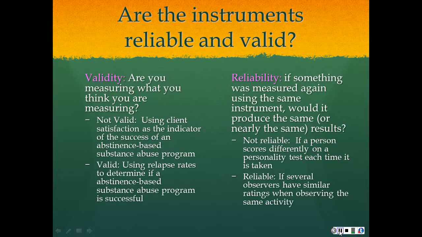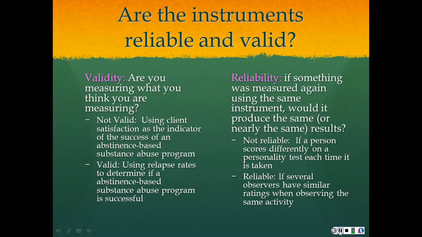And then if you're going to be developing tools or selecting tools that are already in place, you want to think about reliability and validity. So will you be measuring what you think you are measuring? So for example, using client satisfaction as an indicator of the success of an abstinence-based substance abuse program.